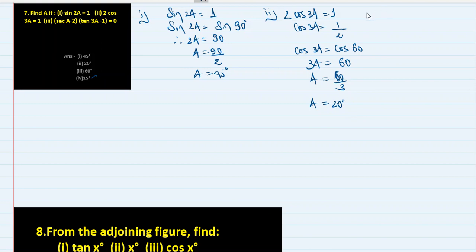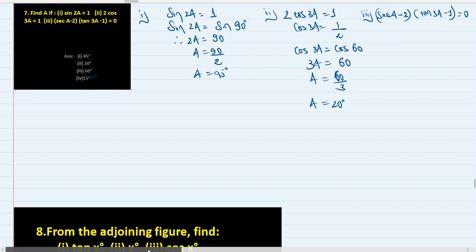Question number 3. Sec A minus 2 bracket tan 3A minus 1 is equal to 0. Find the value of A. Now see, this is the product of two brackets.